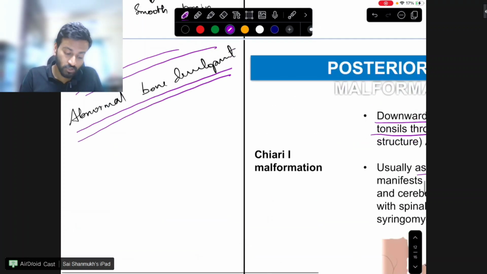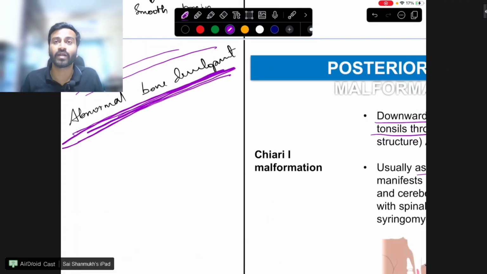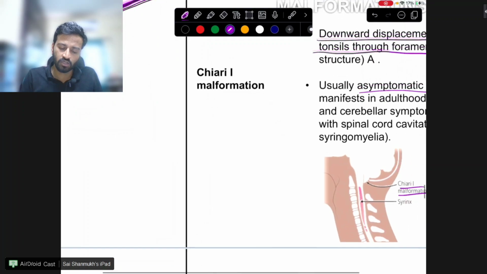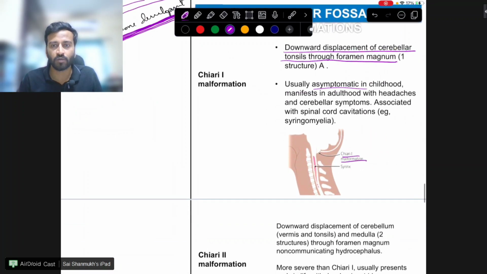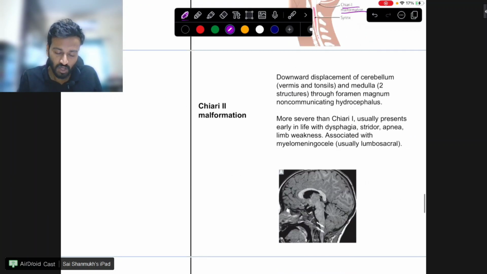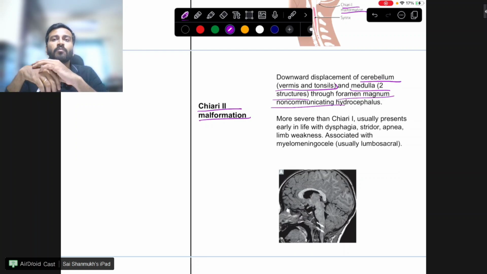Usually this is also associated with abnormal bone development, because if the skull development is impaired, all the skull plates, you cannot expect the brain development to be normal, because this is the bony vault which contains the cranial structures in place, and once this is defective, there are other malformations. So Chiari 2 malformation is displacement of cerebellum, the vermis and tonsils, and medulla structures through the foramen magnum. So this will form non-communicating hydrocephalus.